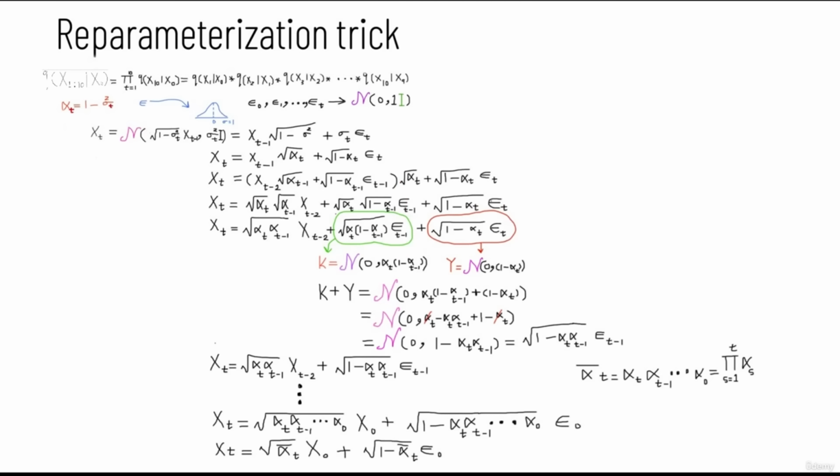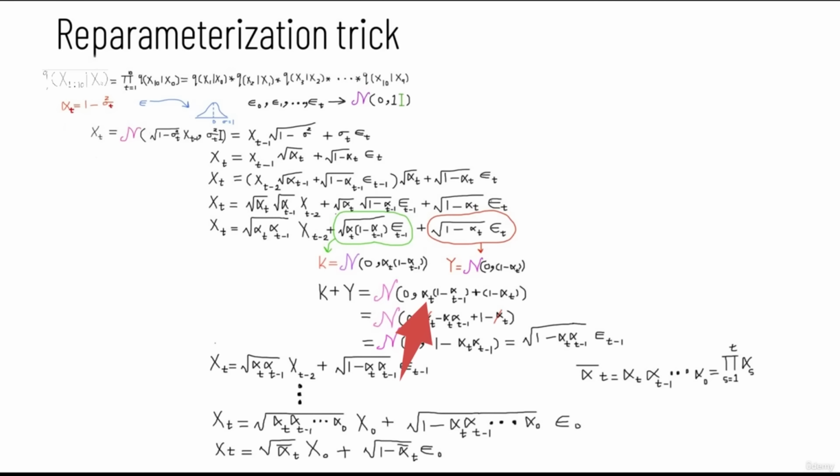So k plus y is equal to a Gaussian distribution where the mean is equal to 0, because 0 plus 0 is equal to 0, and the variance is equal to the variance of k plus the variance of y. So alpha t times 1 minus alpha t minus 1 plus 1 minus alpha t.